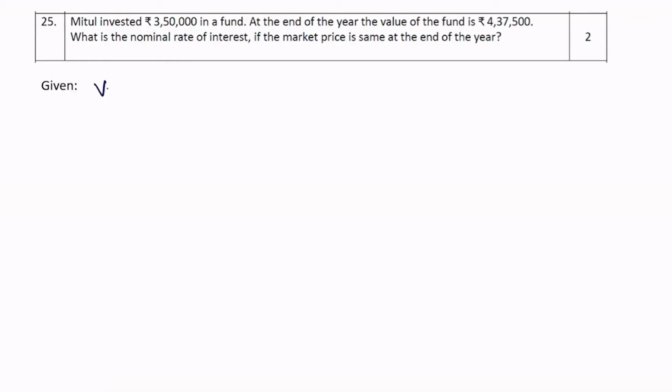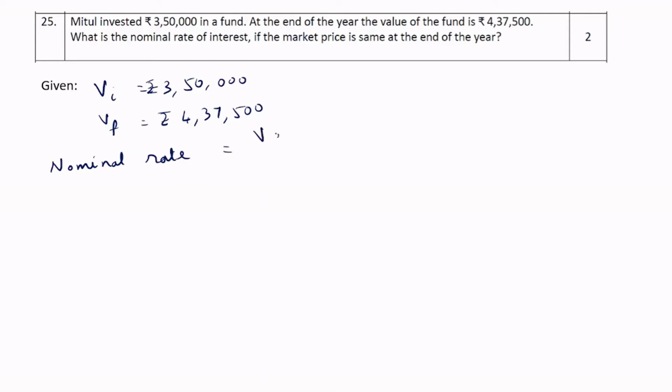Given initial value of the fund is rupees 3,50,000. Then final value is rupees 4,37,500. Nominal rate. We know the formula. It is final value minus initial value upon initial value into 100.